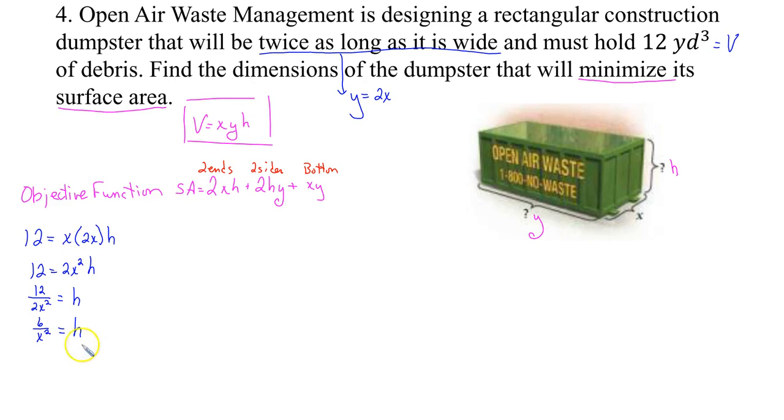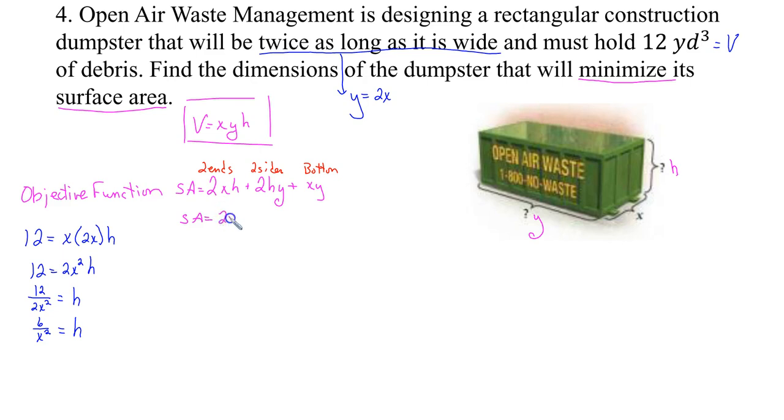Okay? Now we're going to put that into our objective function. Because I know I'm going to be finding the derivative, you could also rewrite this as 6 times x to the negative 2, but for right now I'm going to see if I can get away without doing that. If need be, I'll come back and do this. So let's go back to this objective function. Once again, surface area is what we want to find the derivative of.